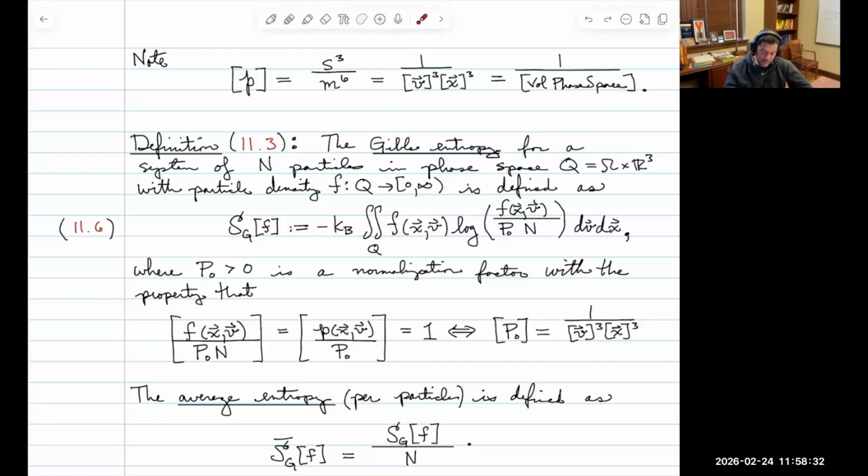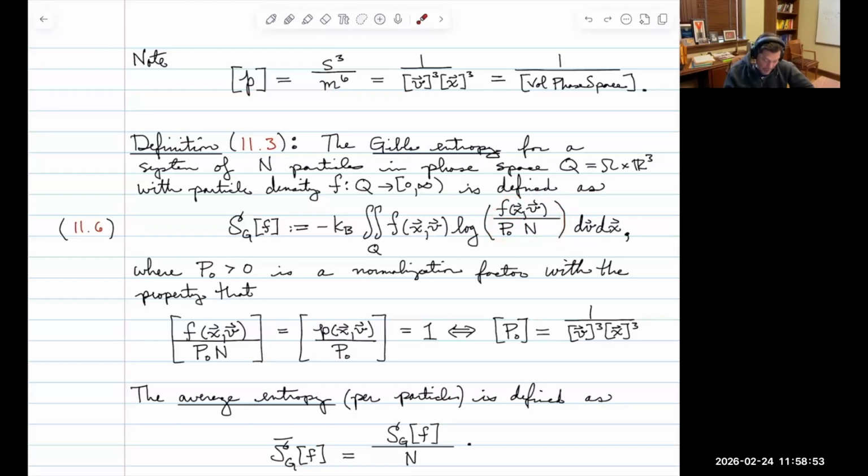So I have to normalize this a little bit further because we're careful mathematicians. And we know that if I take a log of an argument, that argument has to be unitless. So I have to put a unit normalization inside of here to make this argument unitless.